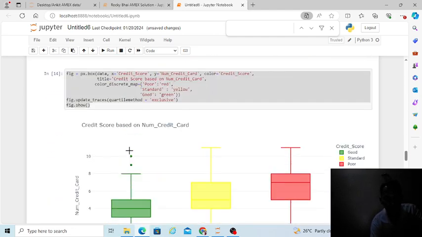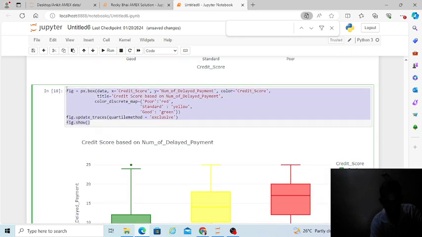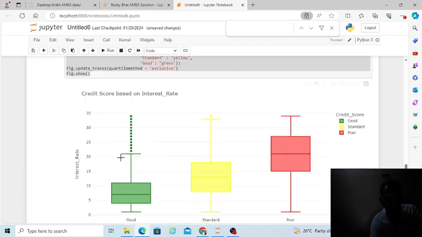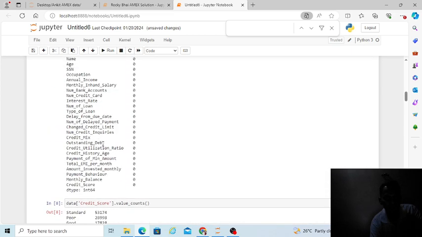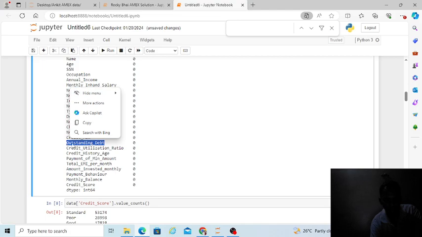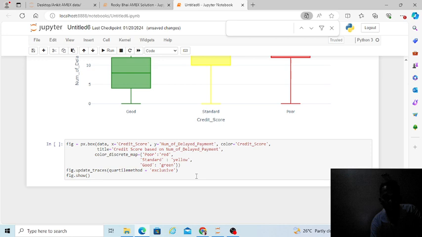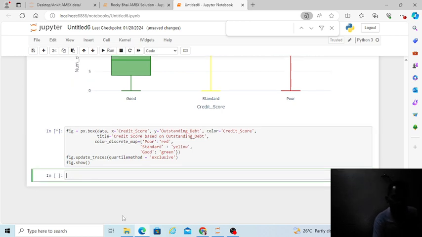So I will go for outstanding debt and visualize the data, and we will visualize this.